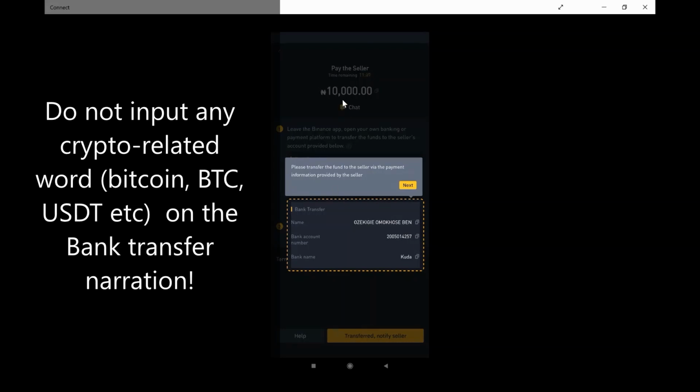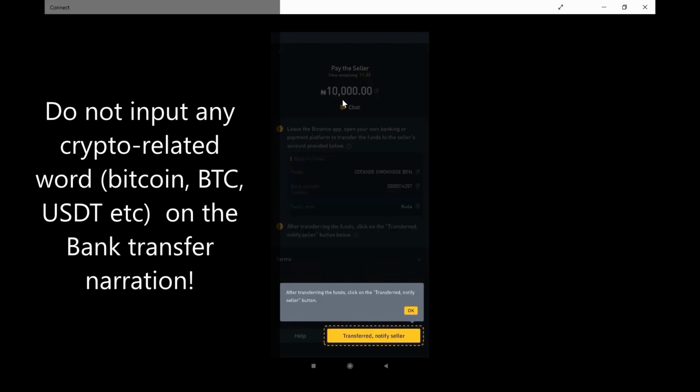Do not pay anything less or anything more. Once you pay, you can choose to get a transfer receipt or not, but most people do not require it. Once you pay, you just come to the chat and say done. You can paste the transfer receipt there, and 99% of people will just confirm the transfer, and then your crypto will be released to you.